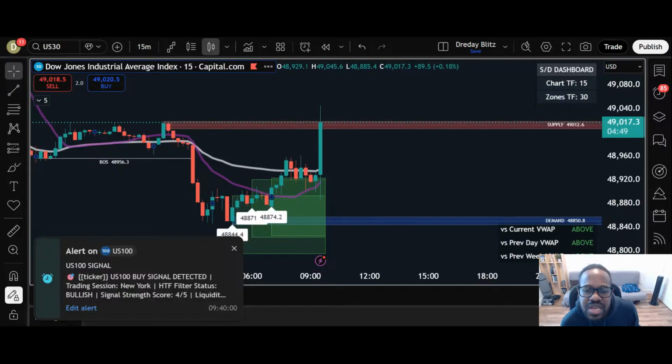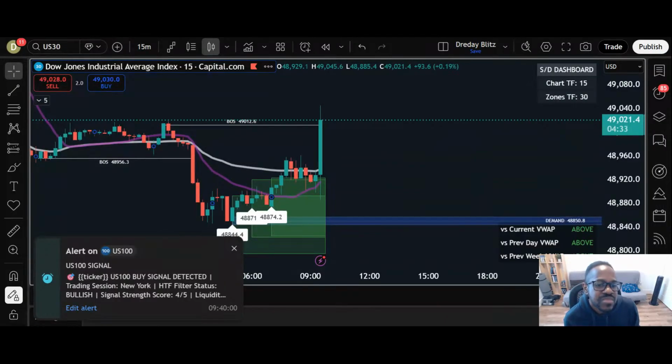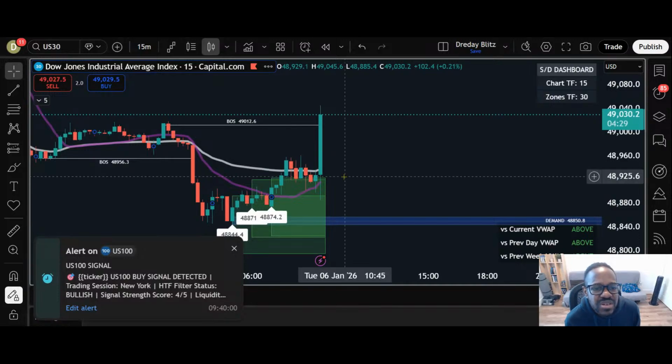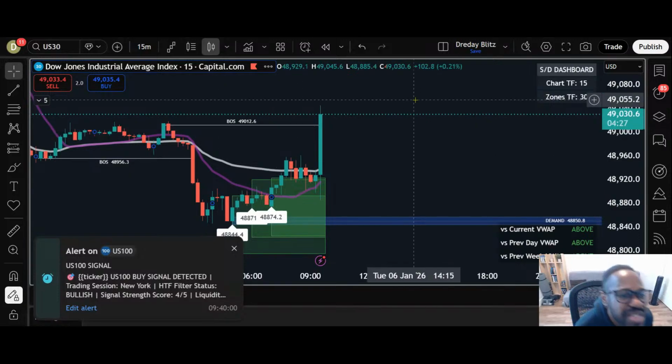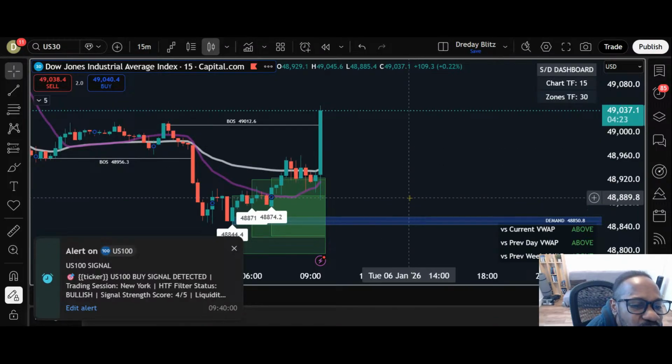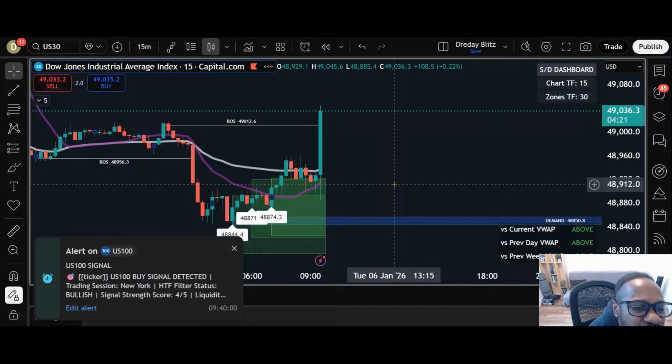So we have NASDAQ buy. As you can see, we have the break of structure here at 49,012.